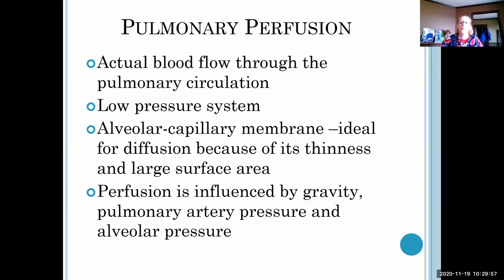But also with perfusion in the lungs, the more dependent sides of the lungs are going to have more perfusion because the blood is going to be going through that area. So when you have a patient where one lung is diseased more than the other, like with pneumonia or trauma, initially it's sometimes confusing because you think, I want the good lung up so it can expand and get the best oxygenation.